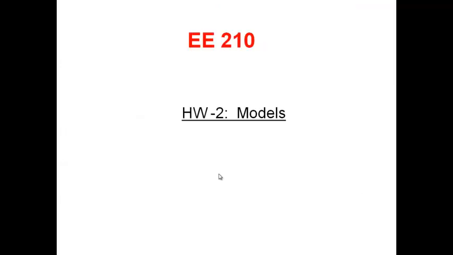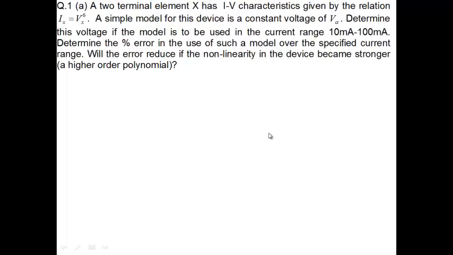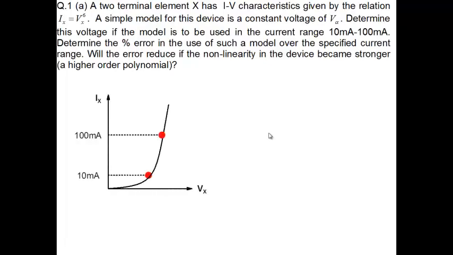Then let's come to the models part here. The homework problem. The first homework problem was a two-terminal device is given. Its IV characteristics is given.